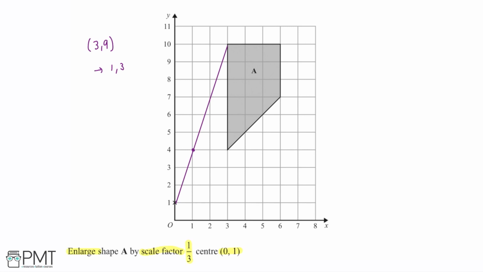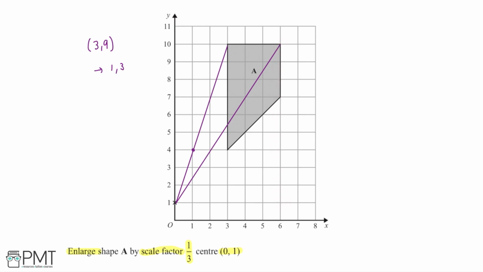So similarly for the other points, if I draw the line out, then I can see here that we need a third of the length of this line because that's the scale factor. And we've moved across here by 6 and up by 9 again.